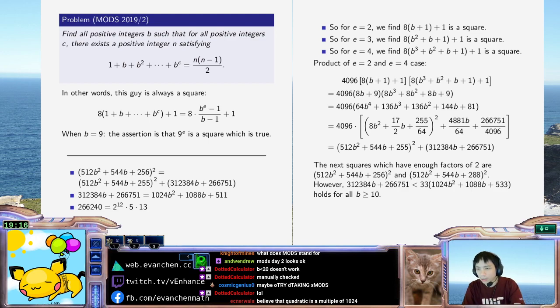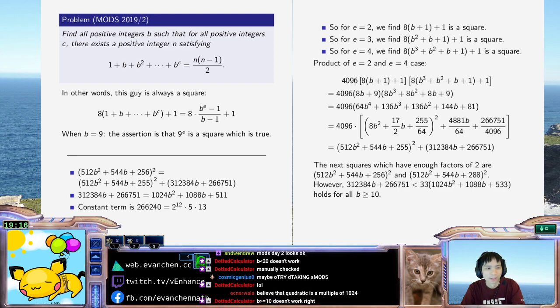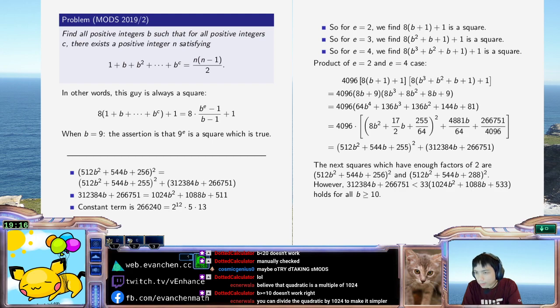Or at least I need to check all the factors of this guy do not satisfy the problem condition. Oh, wait, can I just divide 1000? 7, 5, 2, 4, 0.